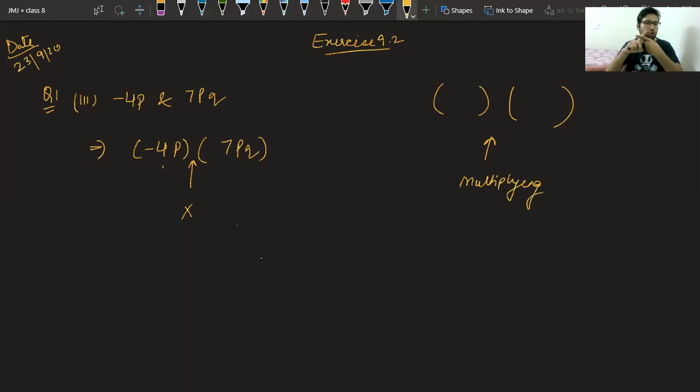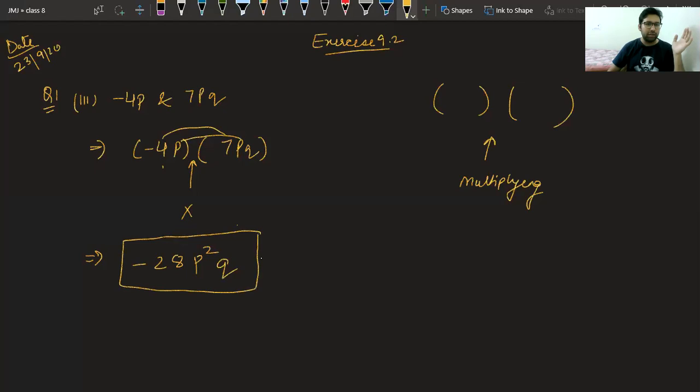Okay, so minus 4 into 7 will give me minus 28, because 4 times 7 is 28 and there is one negative sign, that is an odd number of negative signs, so it will remain. Now p into p will give me p square and q remains simple. The answer is minus 28 p square q. Now the next one, let us try.